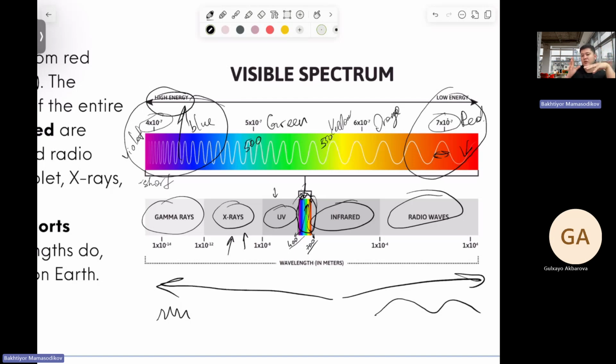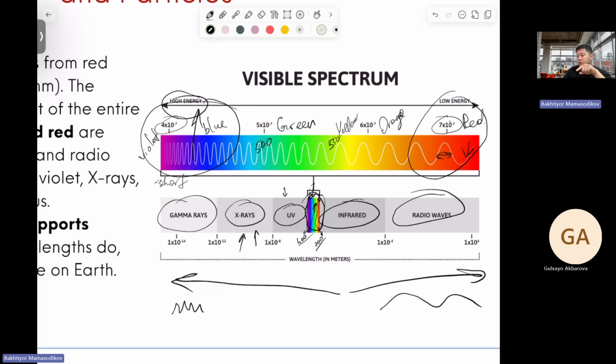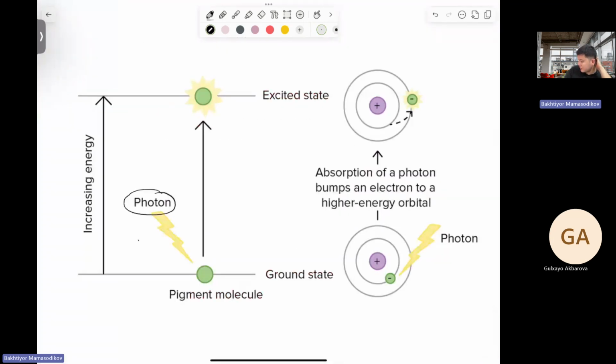Actually, sunlight shines on the leaf, photons hit the chlorophyll molecule, and one photon excites one electron inside the chlorophyll, and the electron jumps from the ground state to the excited state. As you can see, the photon, this light energy, is hitting the pigment molecule, chlorophyll. And just one photon is hitting that electron and it's becoming excited.